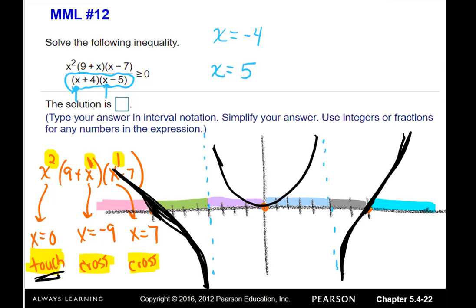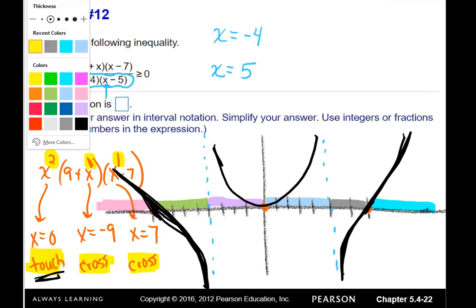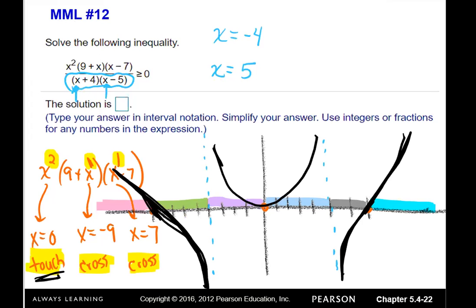My inequality, and I'm going to use bright pink this time, was, where is this function greater than or equal to 0? Where is this above the x-axis? And I went a little crazy over here. Let me fix this. So I don't know, it probably looks something like this.